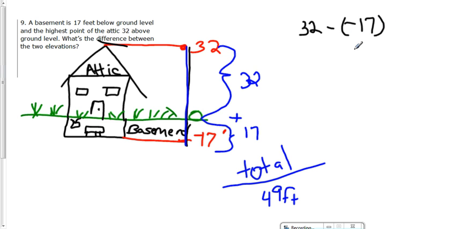And the rule to subtracting integers, remember, is leave, change, opposite. So that gives me 32, change it to addition, 32 plus, and the opposite of negative 17 is positive 17. Which again gives us 49 feet.